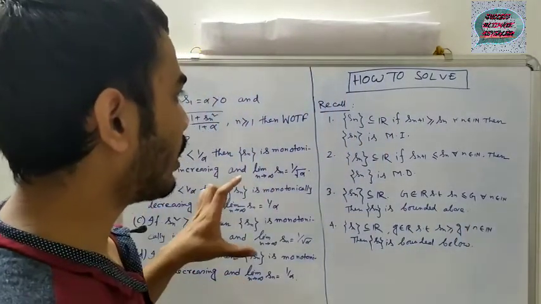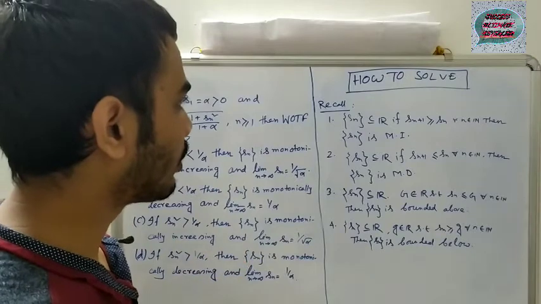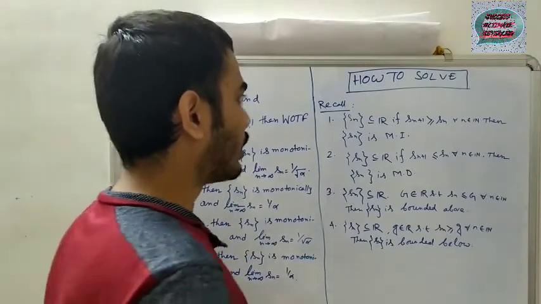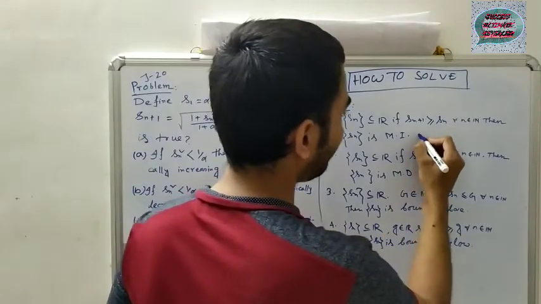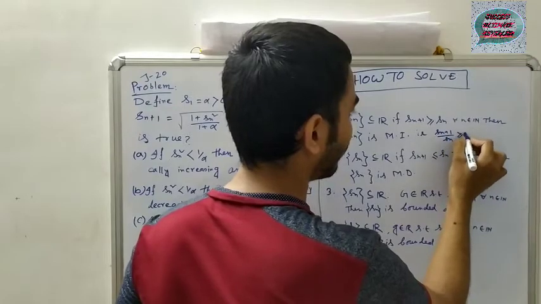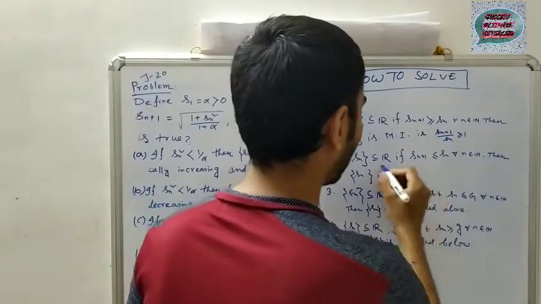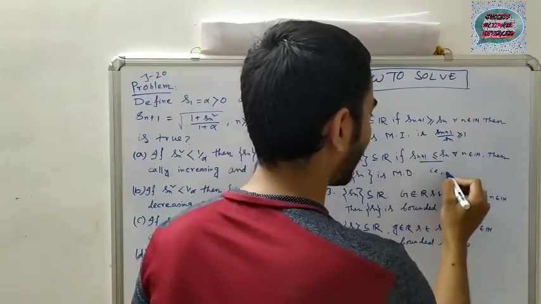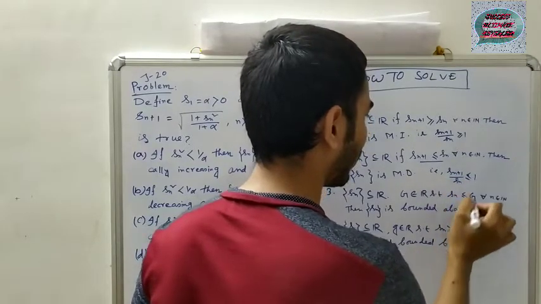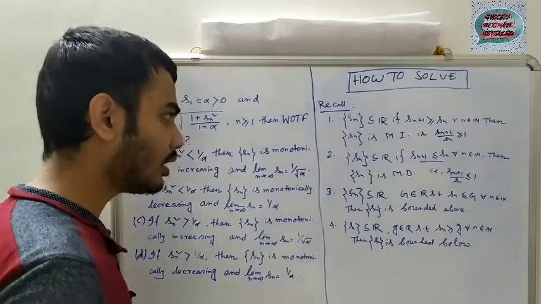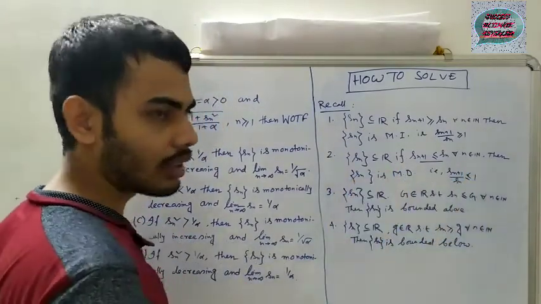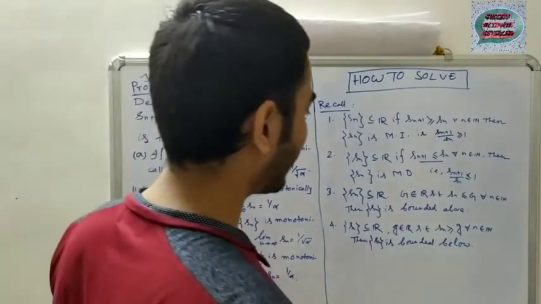So the first point is Sn is monotonically increasing if Sn+1 is greater than or equal to Sn, that means Sn+1/Sn is greater than or equal to 1. And if Sn+1/Sn is less than or equal to 1, then Sn is called a monotonically decreasing sequence.